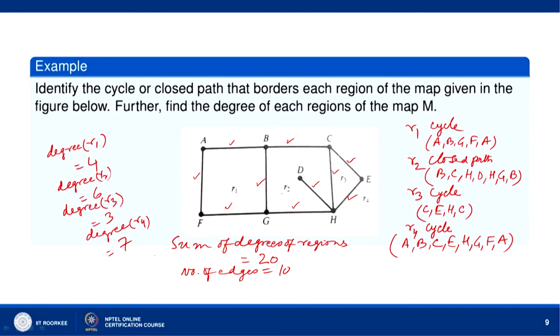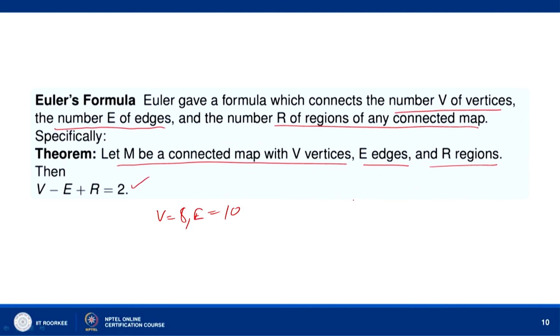There are 1, 2, 3, 4. 4 regions are there. So, R equals 4. So, V minus E plus R equals 8 minus 10 plus 4 equals 2. So, this example verifies the theorem.